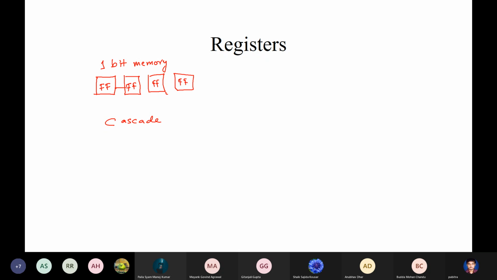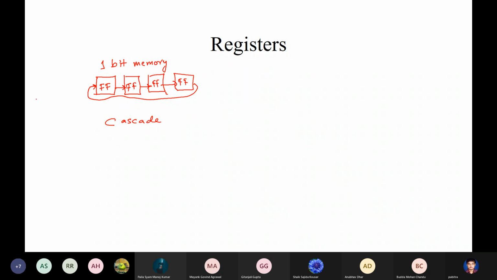Then somehow these flip-flops are connected, depending on what type of flip-flop you have. And sometimes you have a circular register also, where the output of the last one is connected back, sometimes, not always.